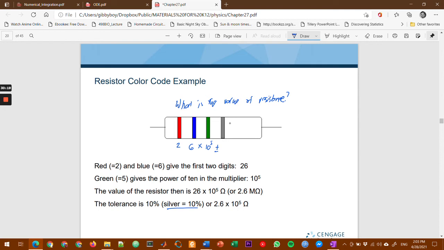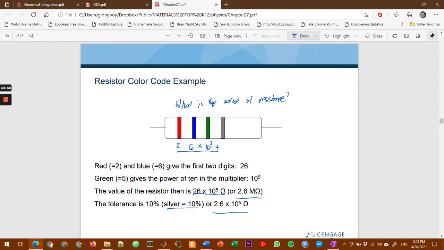So if you look at this point, so ang value sa resistor, if wala pa ang tolerance, we have this. So that is 26. So sumpay na siya. So 26 times 10 to the power of 5. Okay? Or that's 2.6 mega ohm. And then the tolerance is multiply lang nimo siya sa kaning 10 to the 5, which is 2.6 times 10 to the power of 5.